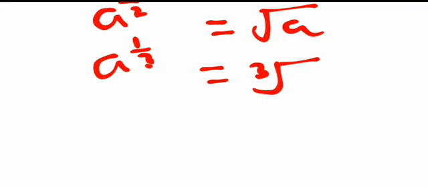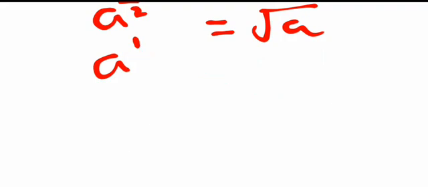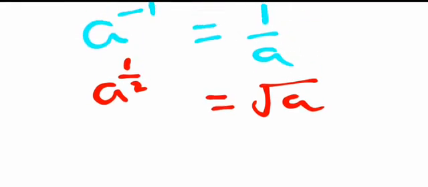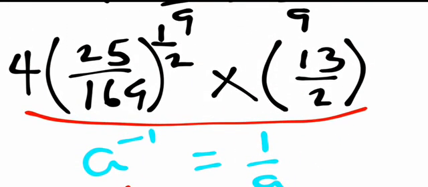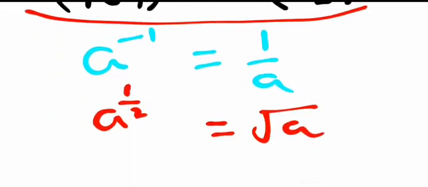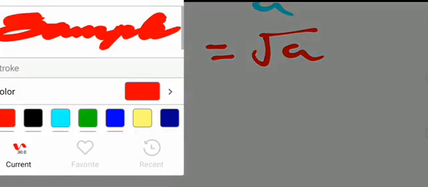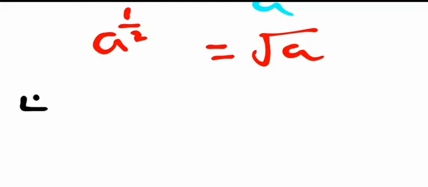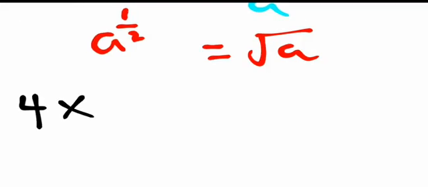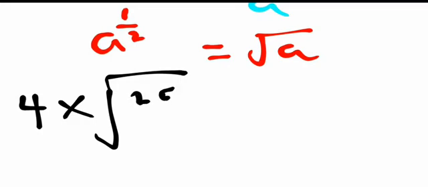Then when we apply the same thing to what we are given there as raised to power half, that's square root of 25, then square root of 169. It means I can write it again and say this is 4 multiplied by the square root of 25 over 169.